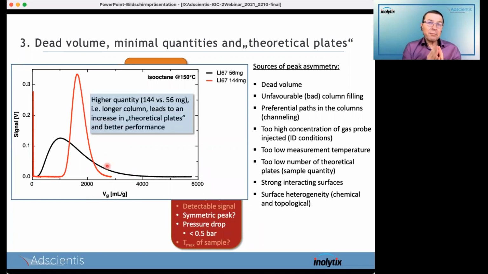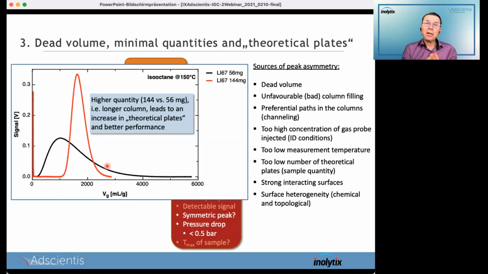That means the higher quantity is a longer column that adsorbs better. So here you have a much better chance of adsorption, readsorption, and so on. It averages out much better. That's also the reason why you need long columns in GC separation. You just have a better separation.